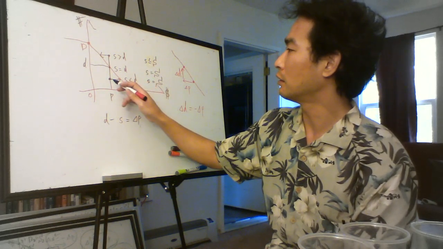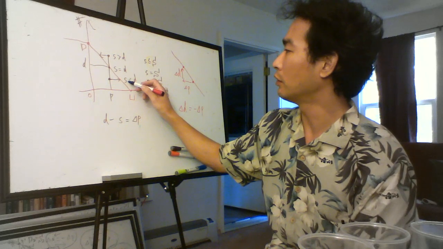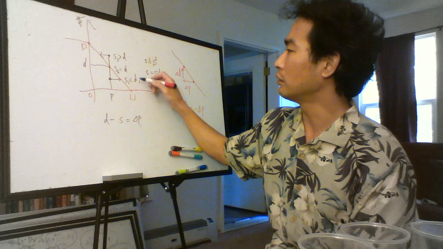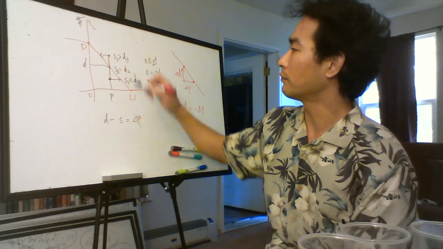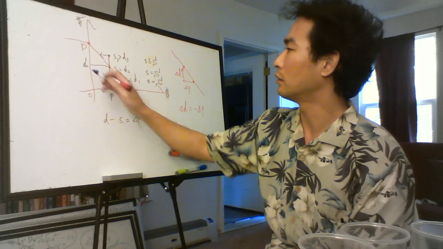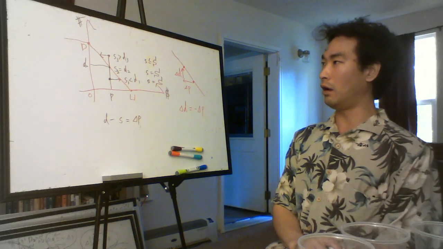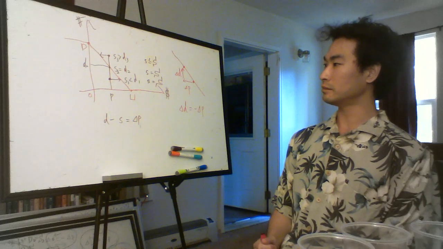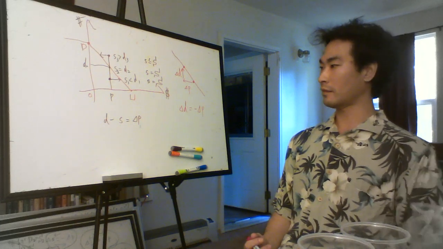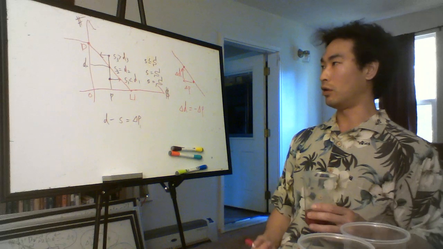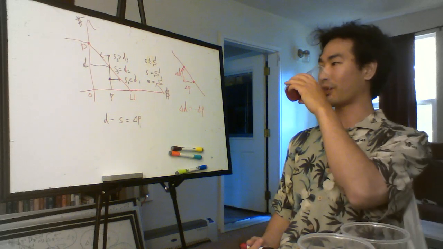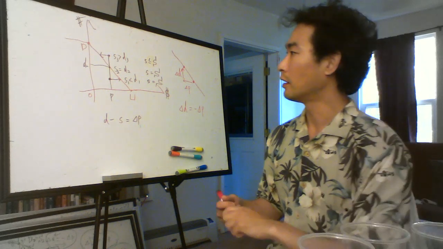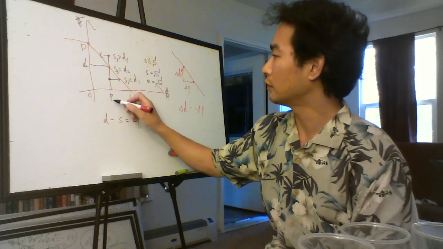So let's say you have supply 1, supply 2, supply 3, demand 1, demand 2, demand 3. We are trying to make it more formal, alright? So here we have price 2, right?